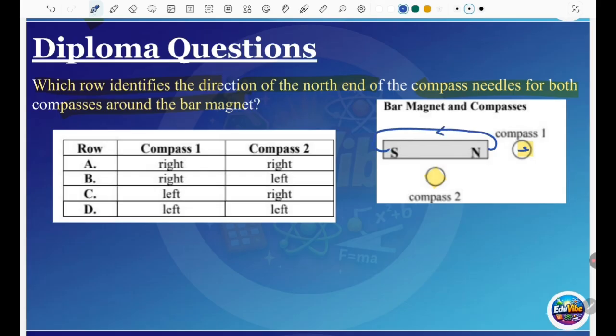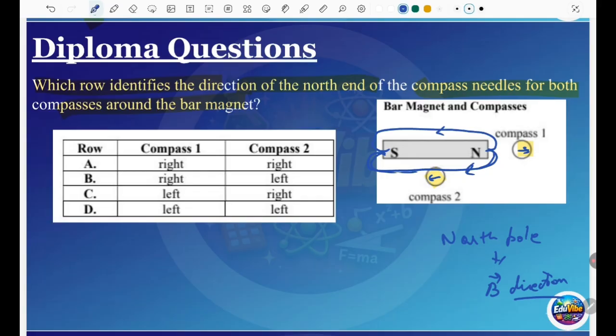So the magnetic field is in this direction, because we mentioned that the north pole gives you the magnetic field direction. For the other one, again the magnetic field goes like this, from north and enters the south.